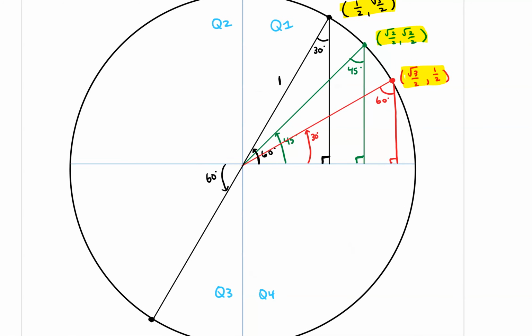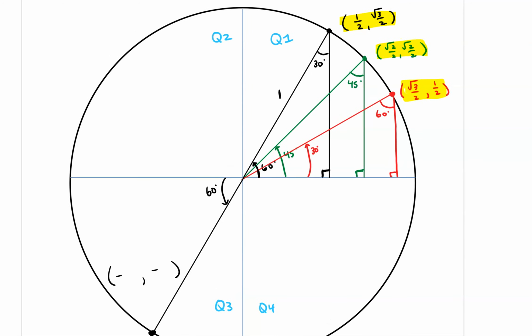And so I'm going to highlight the terminal point right here, and we know that it's going to be negative something, comma, negative something, and I'm just going to take the terminal point that we have here, and make the x value and the y value negative to figure out what this point is. So this would be negative 1/2, comma, negative root 3 over 2.